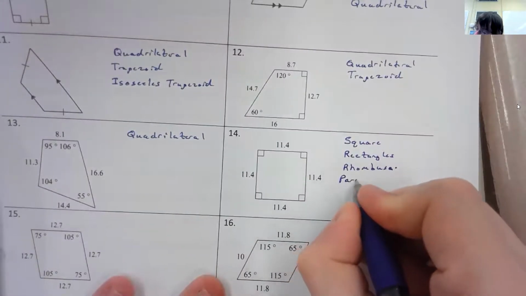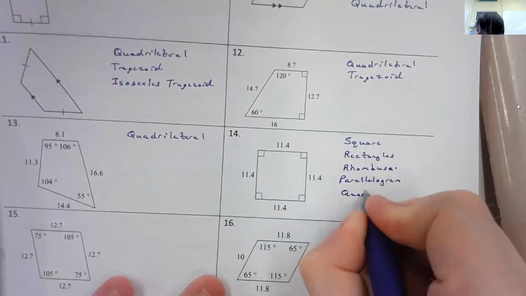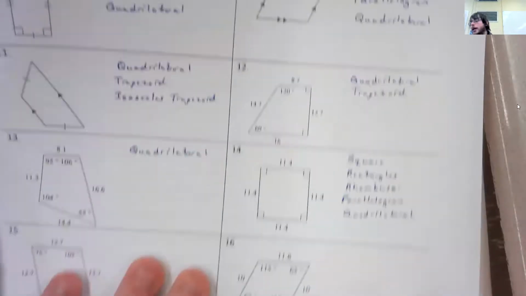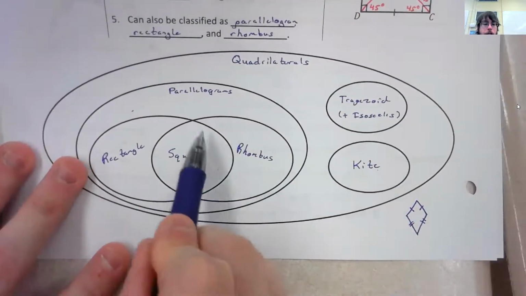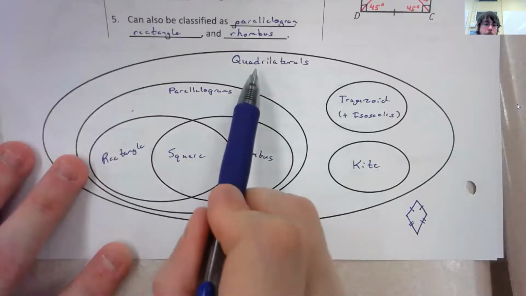Parallelogram as well. And of course, a quadrilateral. The only thing a square is not is a trapezoid. Okay, and we can tell that by looking at the diagram. We have the square in here, which is contained completely in the rhombus and rectangle bubbles, and the parallelogram bubble, and the quadrilateral bubble.